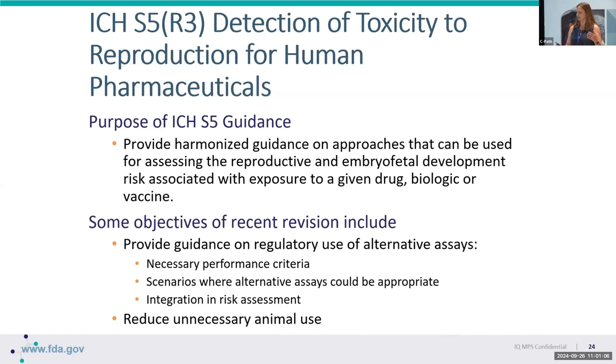The guidance provides some good information and performance criteria if someone were to use an alternative approach to assess embryo-fetal toxicity, then scenarios where these assays could be appropriate, and how they fit into the overall risk assessment for a new compound.